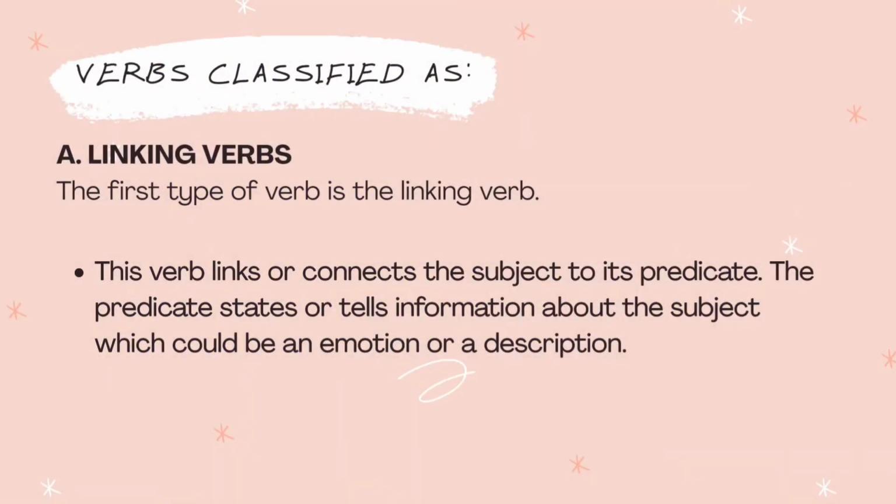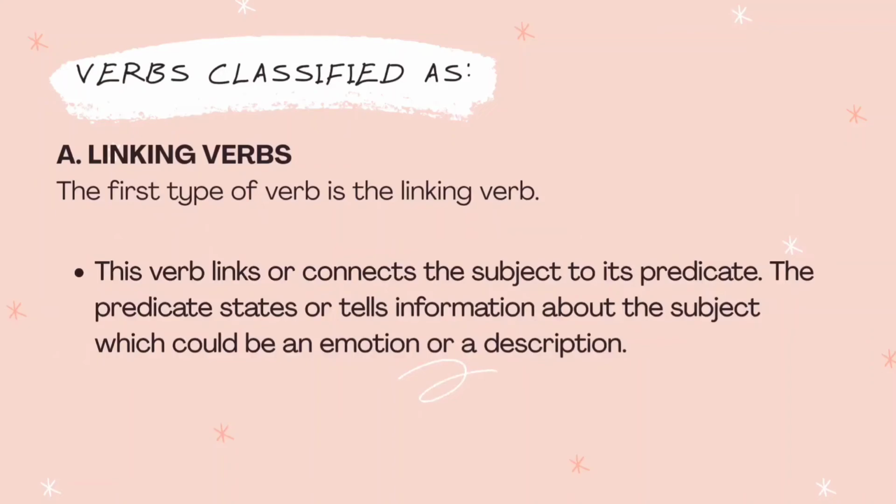There are different types of verbs that we can use to express opinions and emotions to persuade or convince. They are classified as A, linking verb. The first type of verb is the linking verb. The verb links or connects the subject to its predicate.